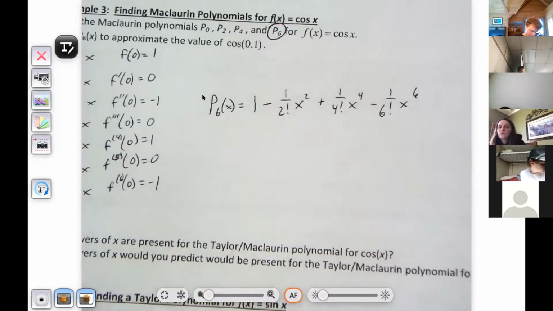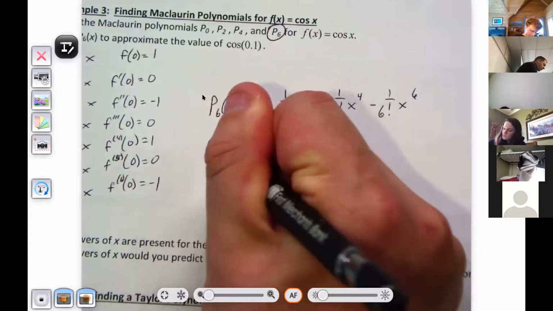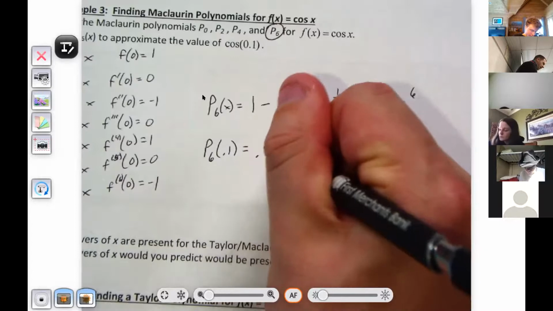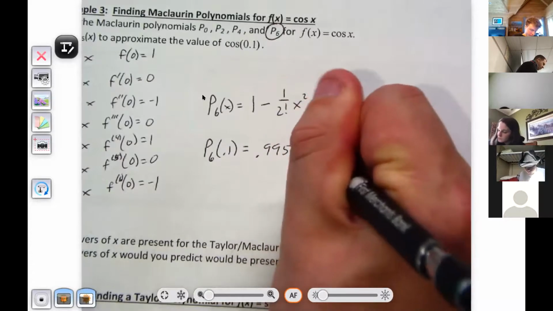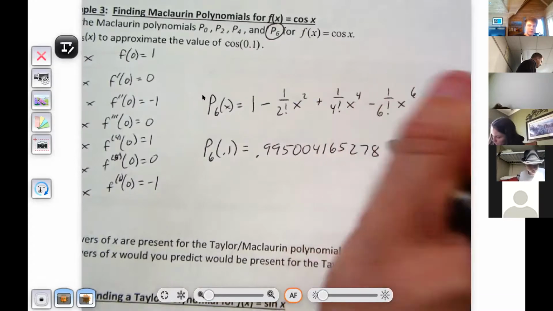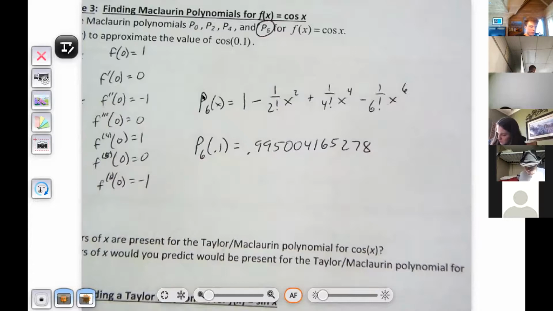We'll see how close they are. So this polynomial evaluated at 0.1 is 0.995004165278.